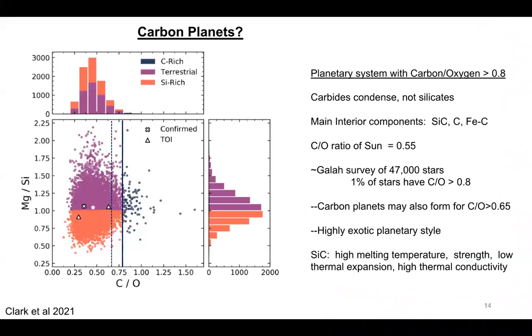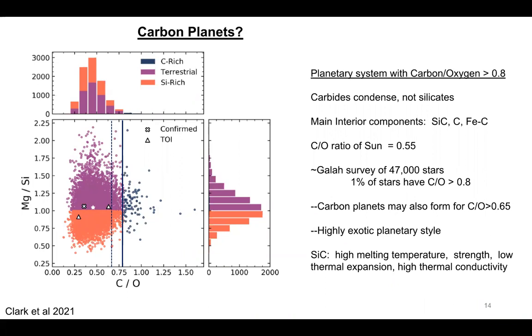It's also been proposed as an important constituent of a possible class of planets known as carbon planets. Carbon planets are planetary systems with a very high carbon to oxygen ratio. The carbon to oxygen ratio has to be greater than 0.8 or so. In this case, if you look at the condensation sequence that would occur from such a nebular gas, you end up condensing carbides, not silicates.